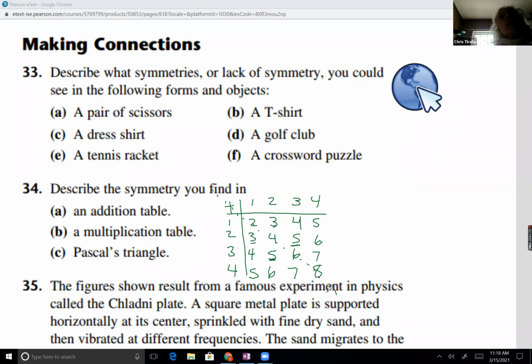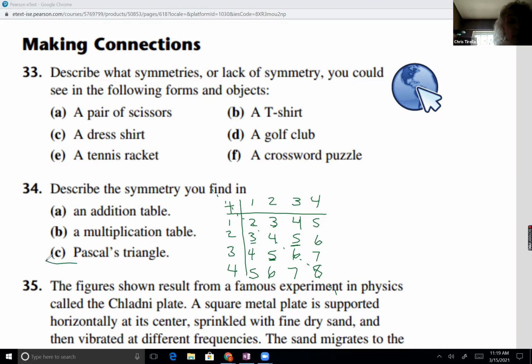And one way of telling if an operation was commutative was that it had this symmetry along the diagonal, that those values would match up. So go ahead, draw part of an addition table and show that line of symmetry. Then draw a multiplication table and see what you see.